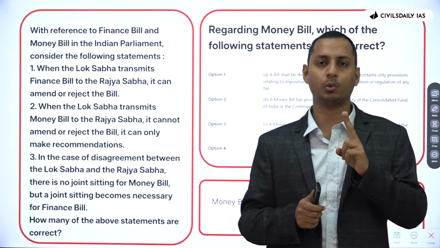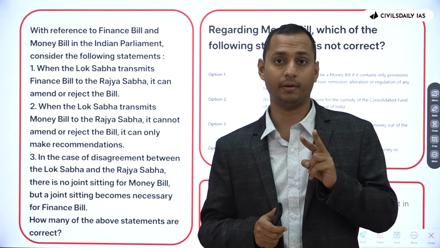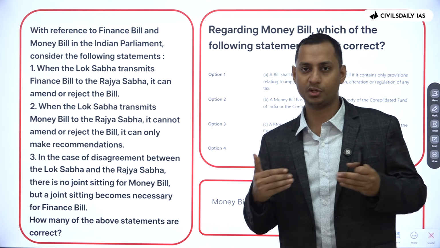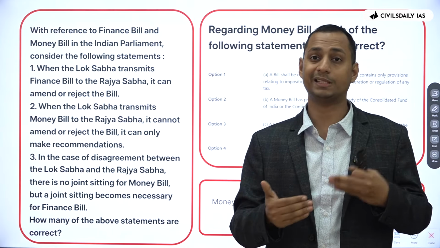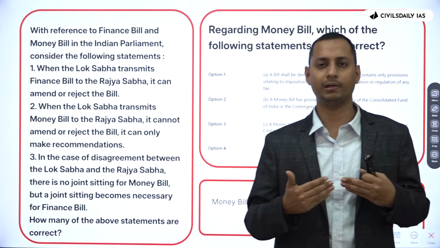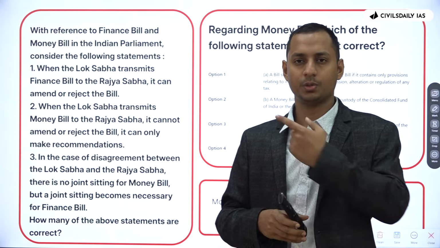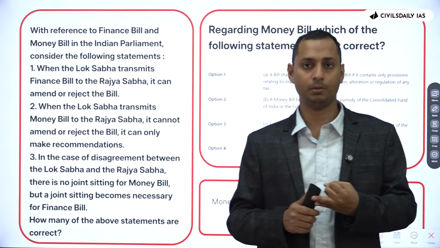So financial bills, there are 2 types of financial bills, right? You need to have clear-cut clarity regarding the same as well. Which are introduced only in the Lok Sabha, which have equal relation with any other bill. So all of you must have some kind of lack of clarity regarding the same. So this is one area where you should have clear-cut clarity. The money bills and the financial bill.